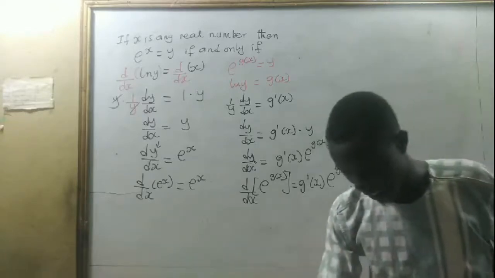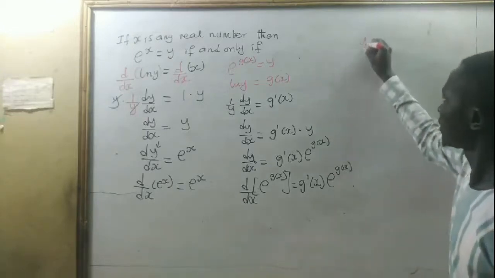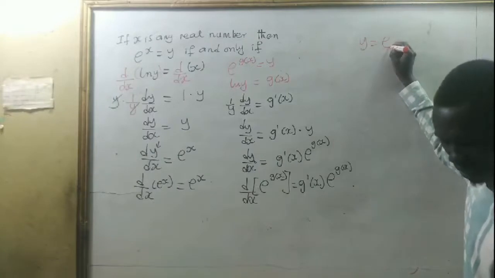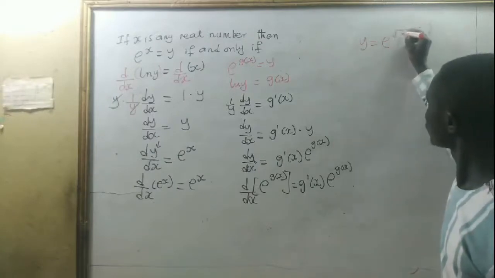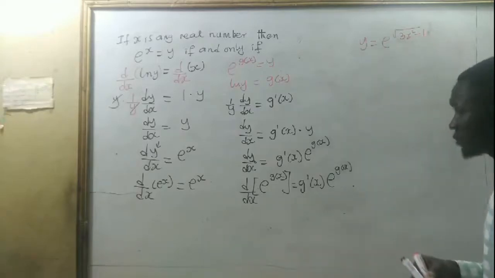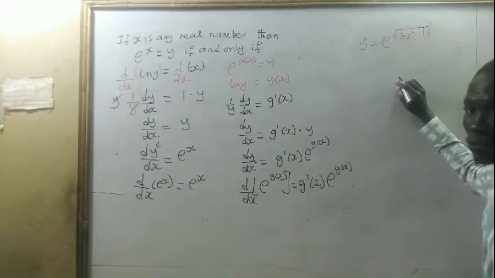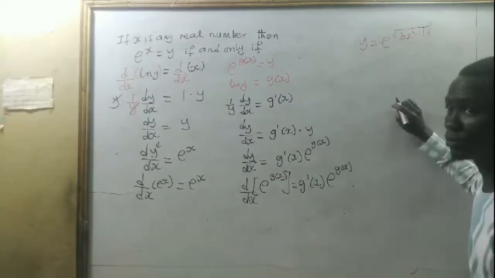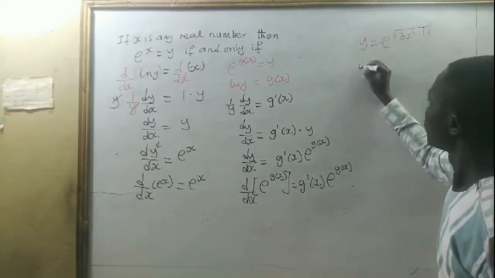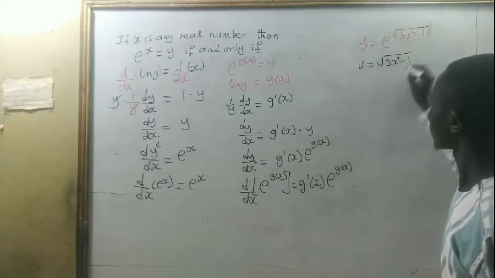Now, the next example is we have y equal to e to the power the square root of 3x squared minus 1. So now let's do this one. This one I want to do step by step. So let's go through the chain rule. We take u equal to the square root of 3x squared minus 1.